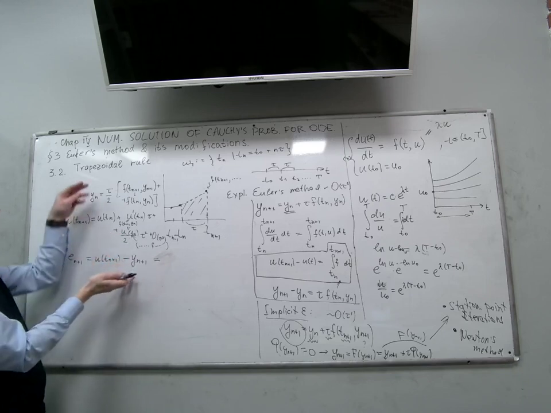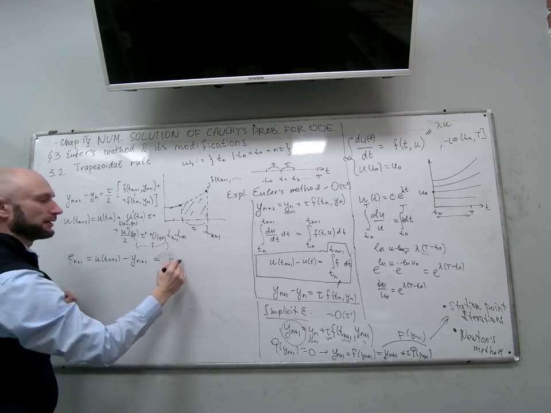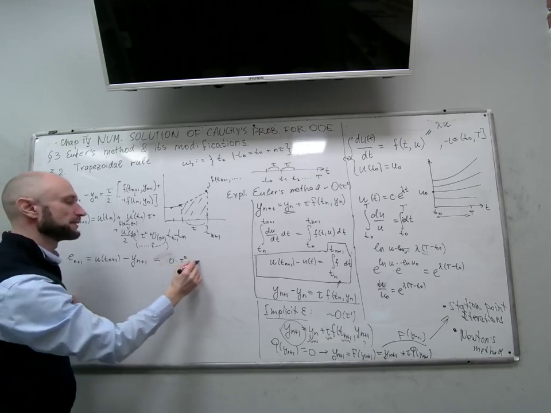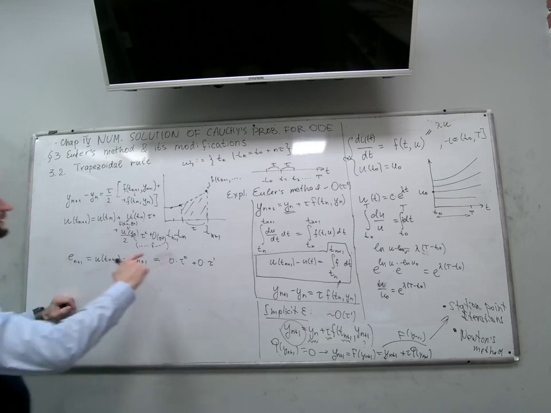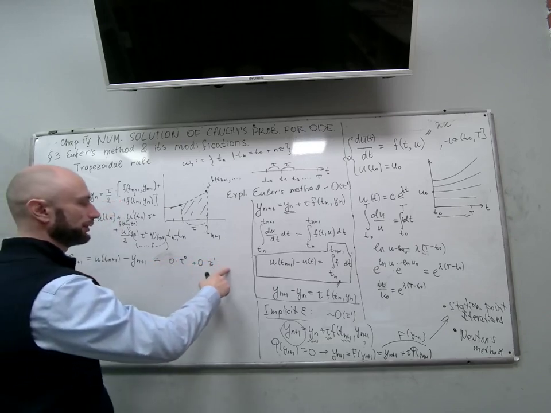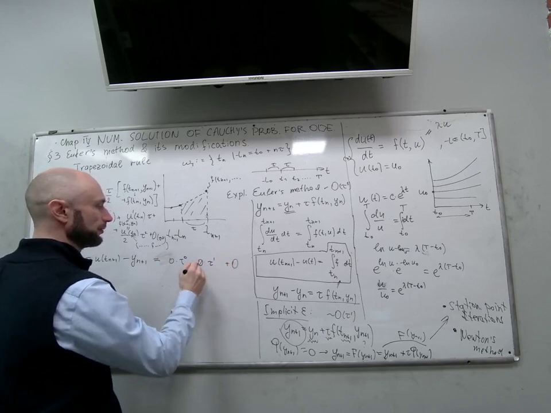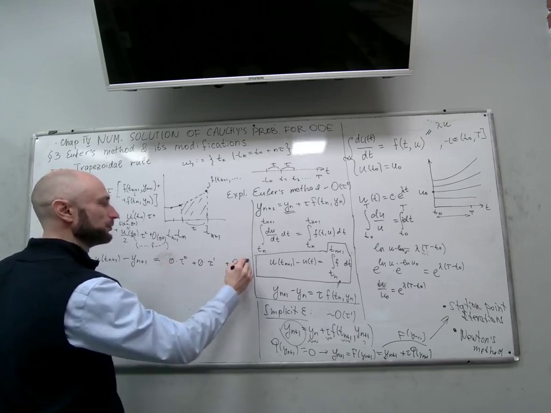When we subtract one from the other, we get zeros: 0 times tau to the power of 0 plus 0 times tau to the power of 1 plus, for this particular case, the next term is 0, and the remainder is O of tau to the power of 2.